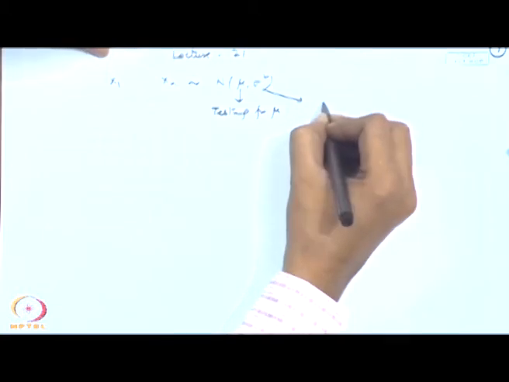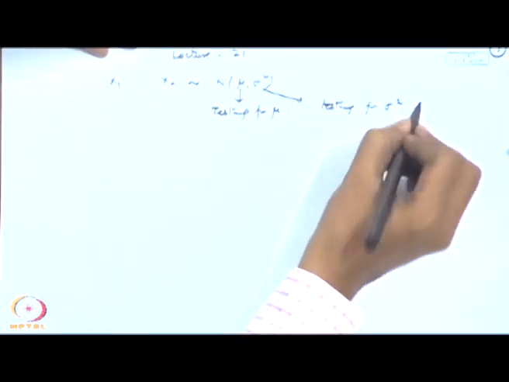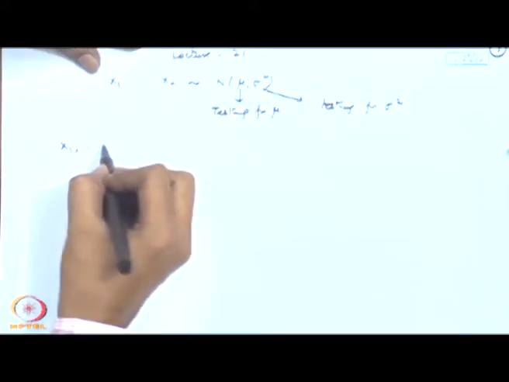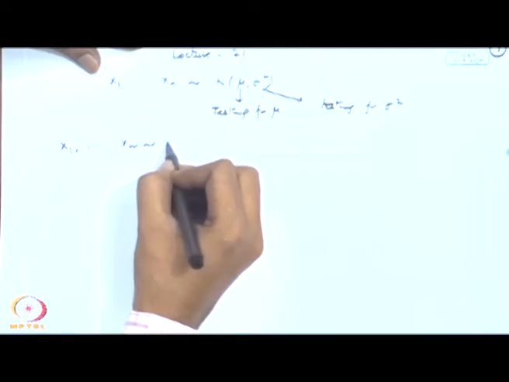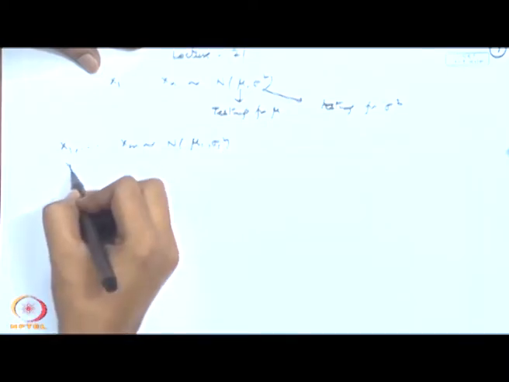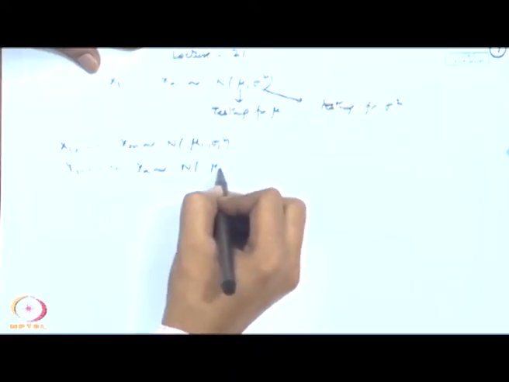We have also considered testing for variance. We also considered two sample problems, that means we have say X1, X2, ..., Xm, a random sample from normal mu 1, sigma 1 square, and Y1, Y2, ..., Yn, a random sample from another normal population, say normal mu 2, sigma 2 square.